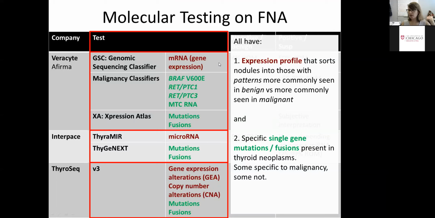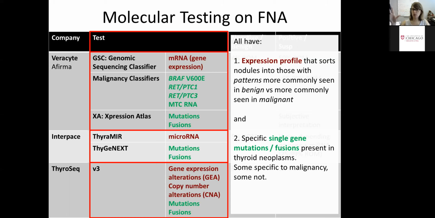What they all do is a gene expression profile that sorts nodules into gene expression patterns that are more commonly seen in benign versus malignant. So that's messenger RNA, microRNA, that's just global expression profiles. The second, in green, are specific single gene mutations or fusions that are specifically present in thyroid neoplasms, all right? Some are specific to malignancy and some are not, right?